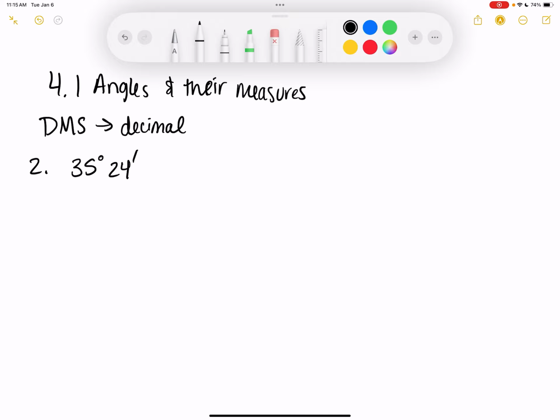Decimal means I'm going to have 35 point something degrees. So I've got 35 plus, and then we use this number over 60 because it's minutes, so 24 over 60. And that's converted that to degrees for us.